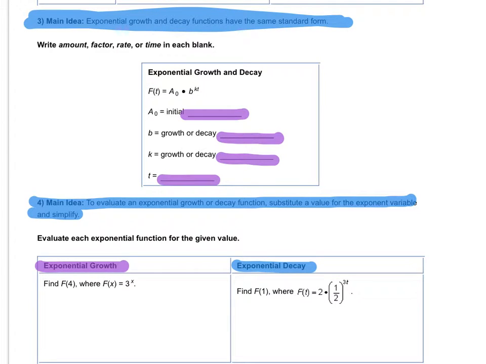Here's another main idea. Exponential growth and decay functions have the same standard form. We're going to write amount, factor, rate, or time in each blank.